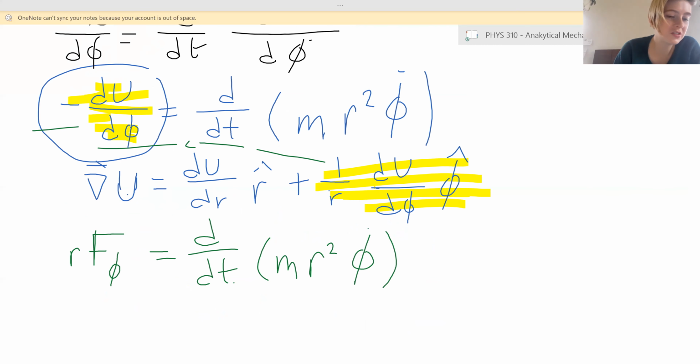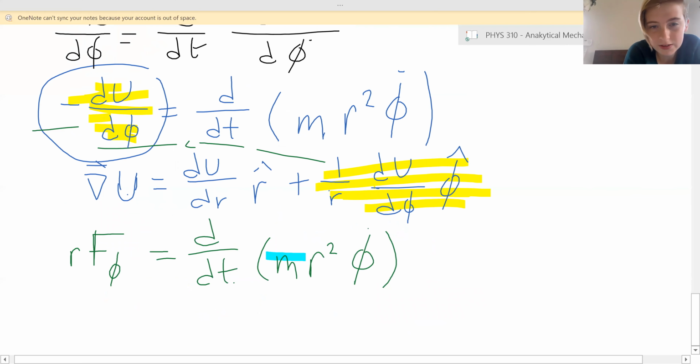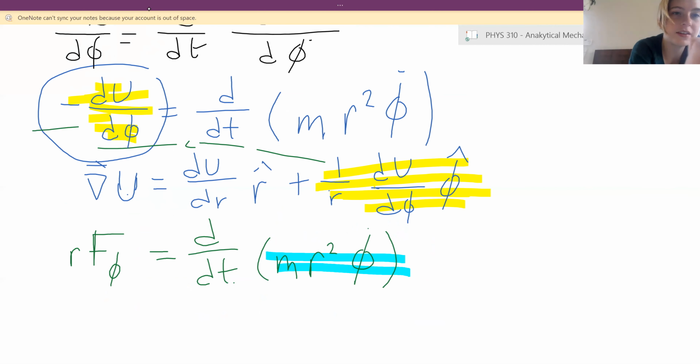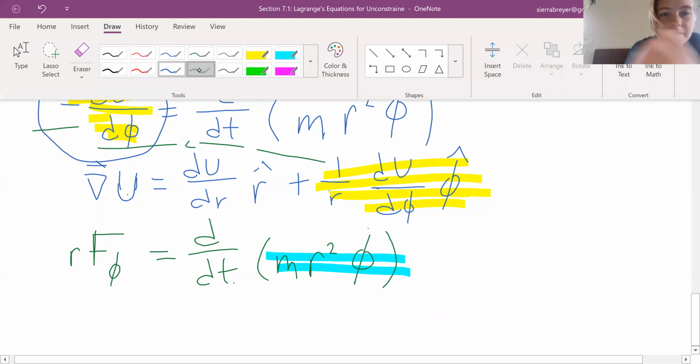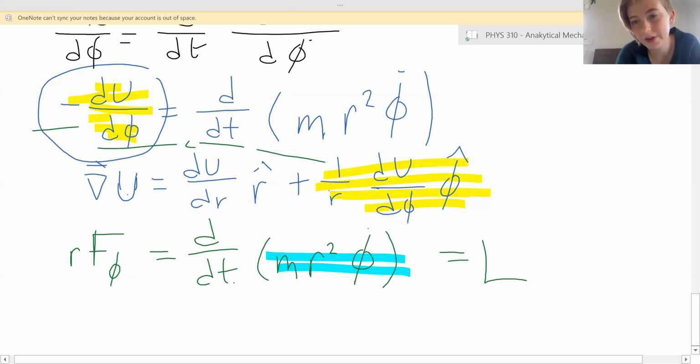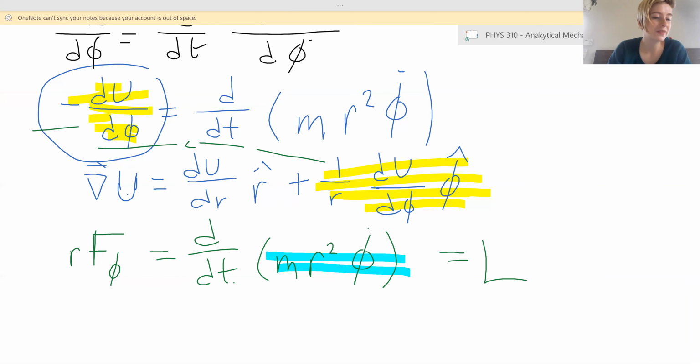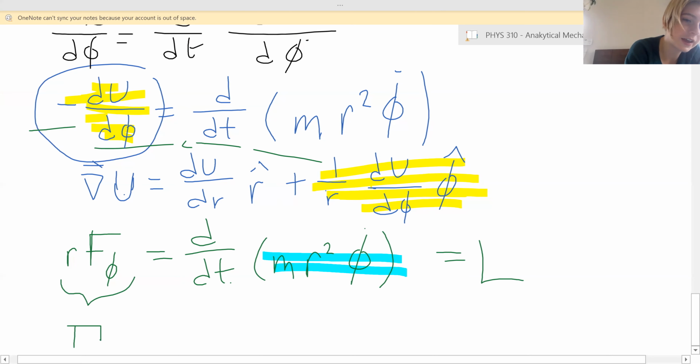So then the book wants to direct us to the fact that this is something very familiar to us. It is angular momentum. So the symbol for angular momentum is just a non-script L. And then the book also would like to point out that this is torque, which kind of just looks like a hangman.